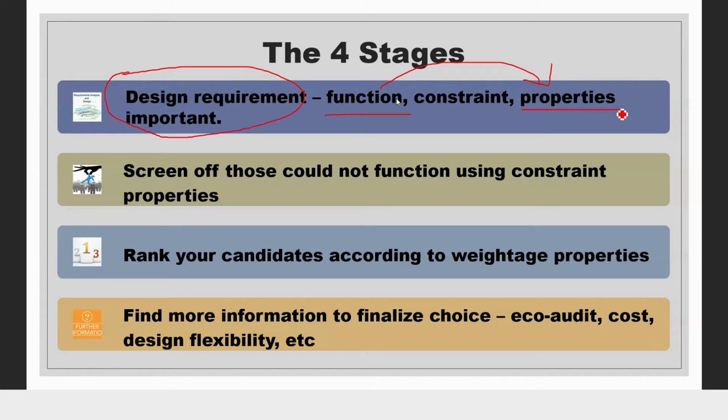Okay, for it to bear the load, obviously dia kena ada minimum strength. Gitulah. At the same time, you also have to identify constraint. Okay, constraint adalah must have. Okay, dia perlu ada.